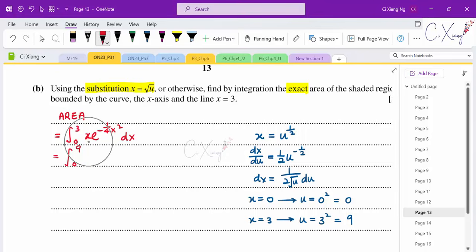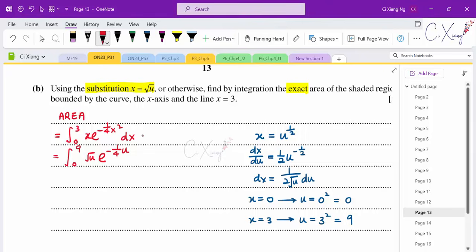For the term inside the integration, we have x. What is x? x equals square root u, so you put square root u. Then e, copy the e, then negative 1 over 4 x squared. So you have negative 1 over 4, and x squared basically is u, because x equals square root u, so u equals x squared.